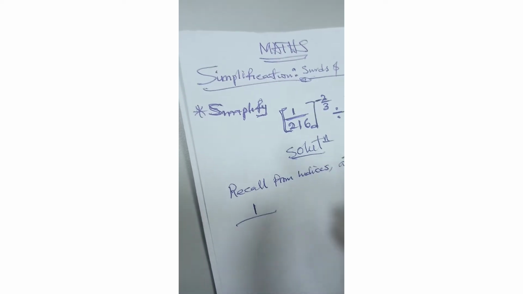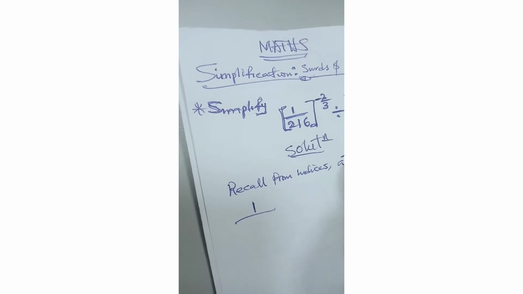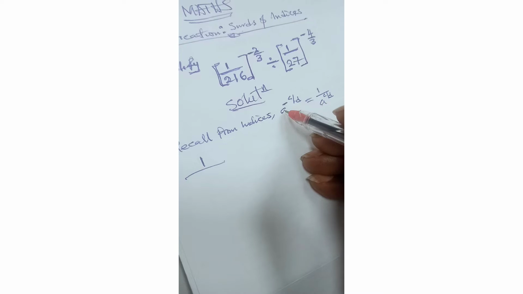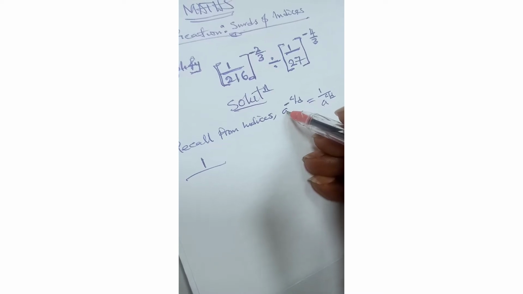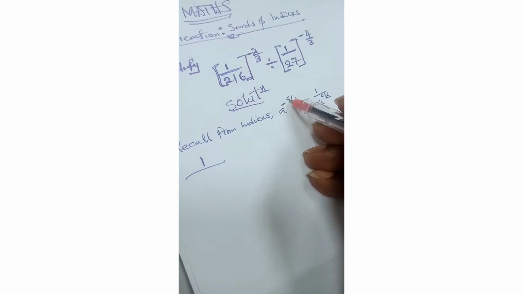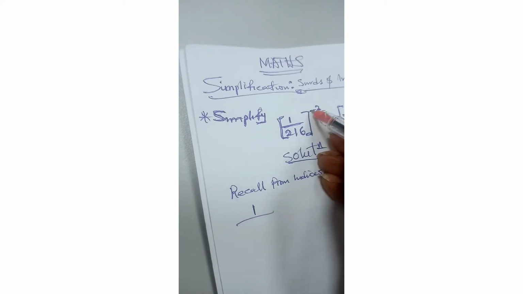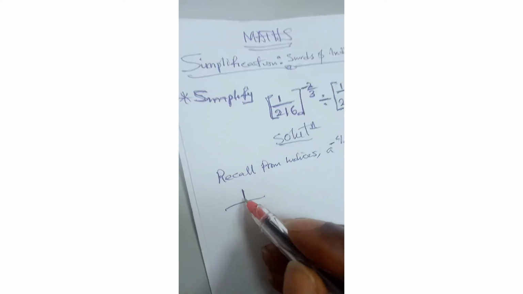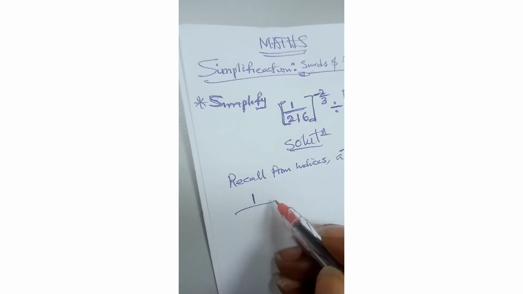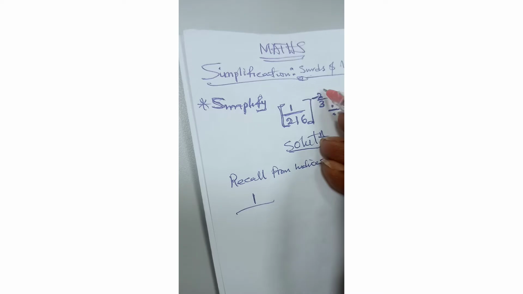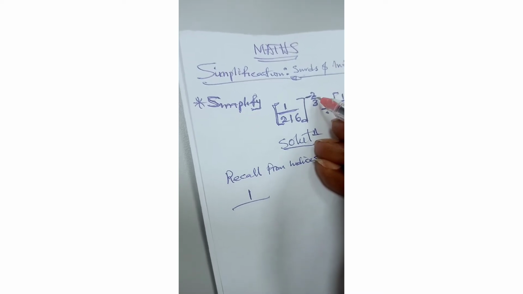So if you apply the same thing here, we'll be having this minus changing to 1 over. Then remember that after the minus changes to 1 over, the a went ahead to carry c over d. Now the same thing: I have changed this minus to 1 over, then this 1 over 216 will come and carry 2 over 3.